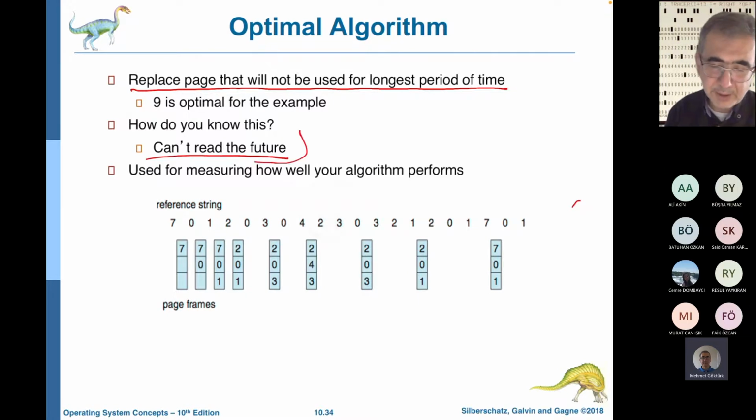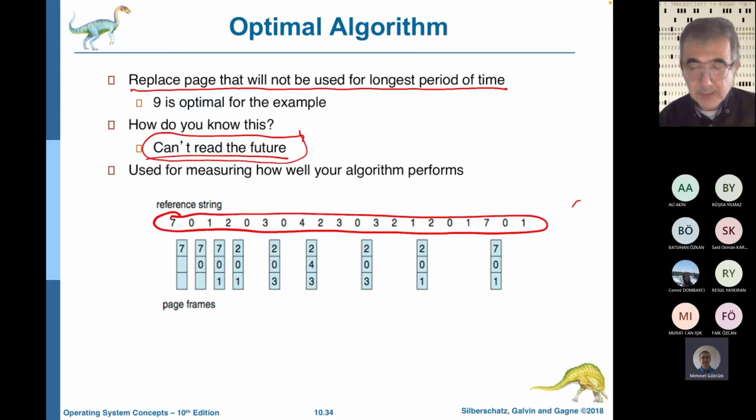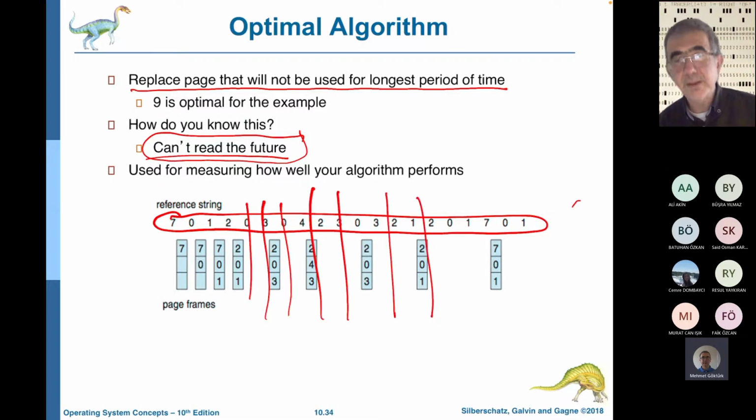But since we cannot predict how the program is going to behave, since the string is happening on the fly, we know it in analysis, but in execution we cannot predict the future. So the algorithm will only look at the time spots that it is working on.